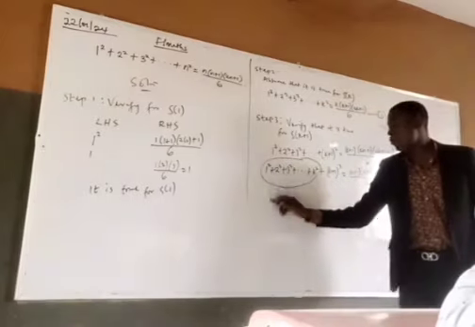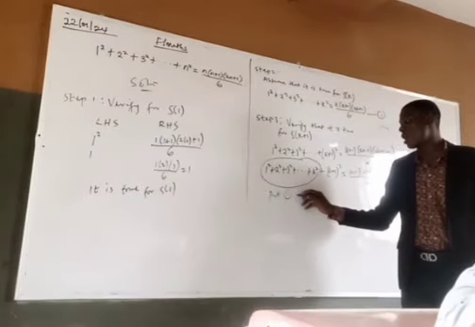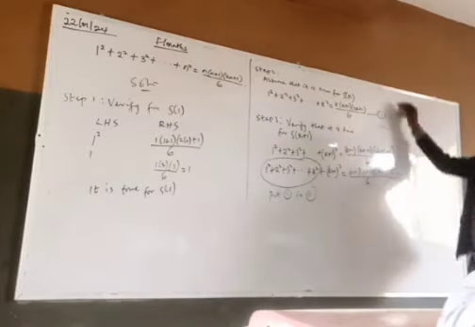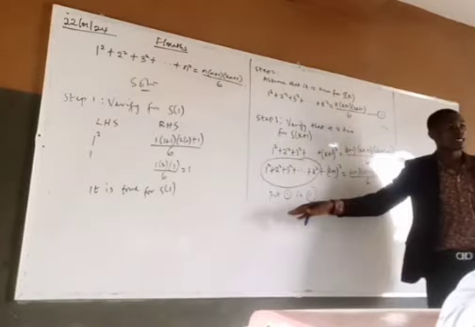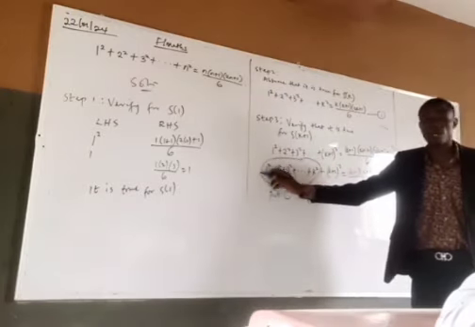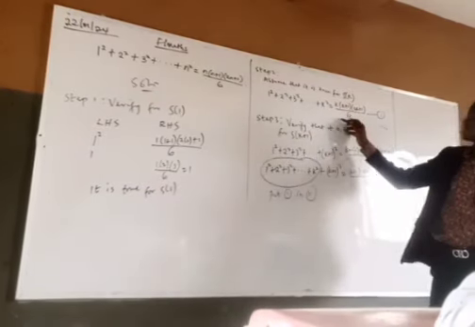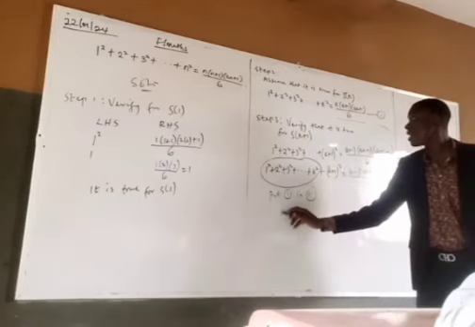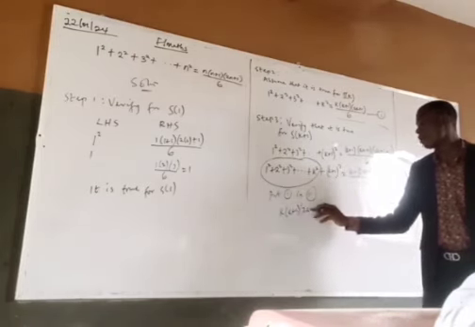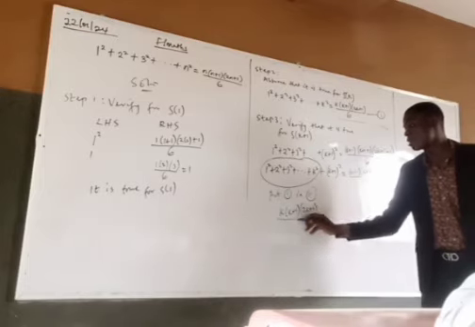So we can say put equation 1 in 2. Let's call this one equation 2. So we can say put equation 1 in equation 2. I'm going to replace this with this one. So that will be k into k plus 1, 2k plus 1 over 6.